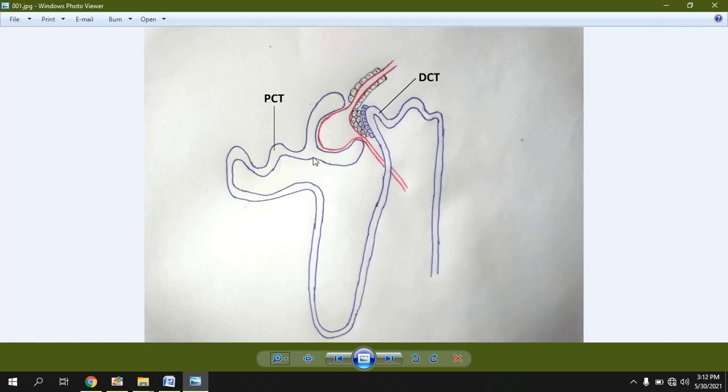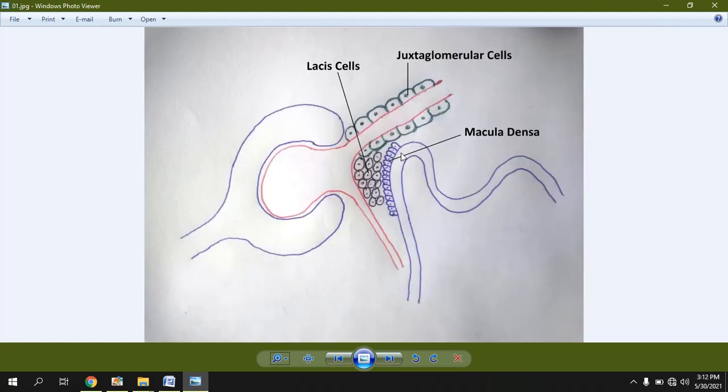So when the GFR is increased, the amount of plasma filtered this way will be increased. When the amount of plasma or filtrate is increased through this way, what will happen? These cells are called the Macula Densa. The Macula Densa is responsible for the detection of sodium ion.